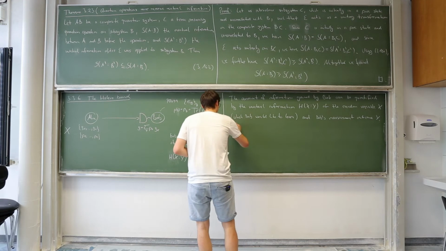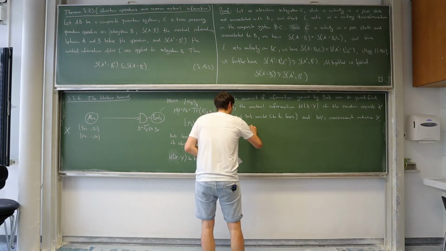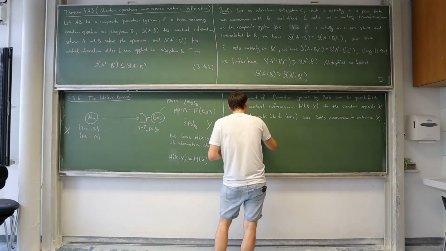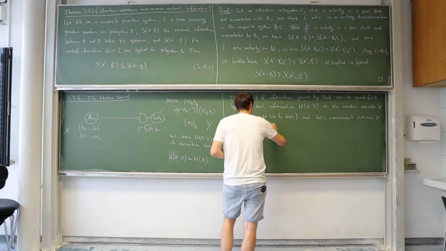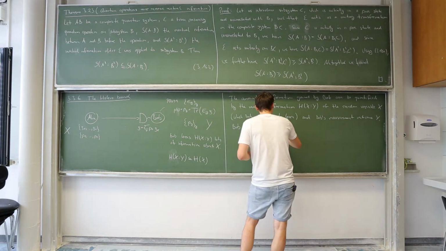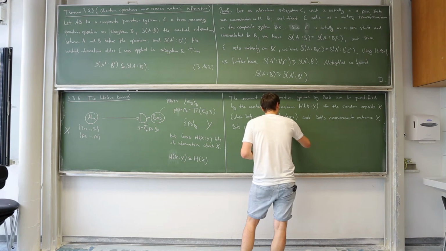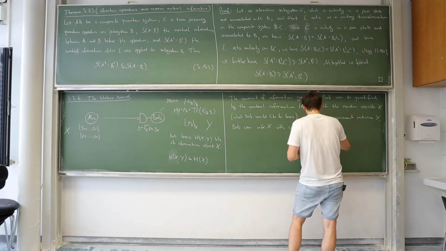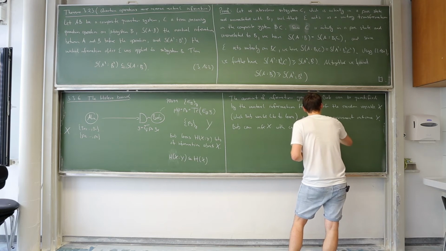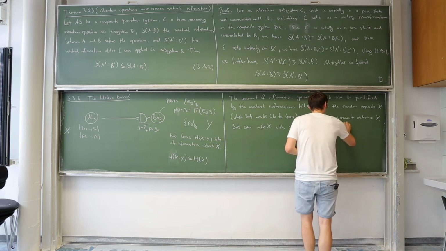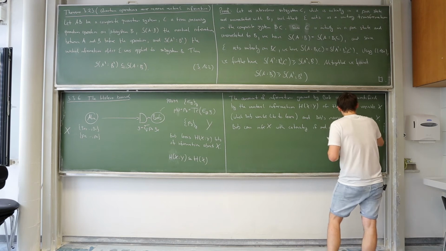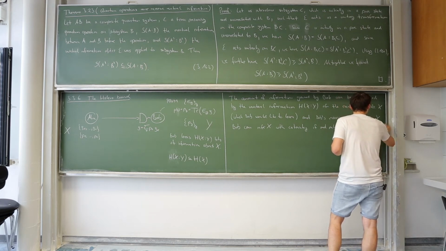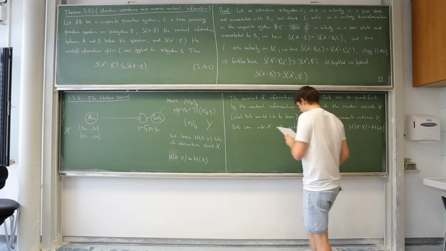So Bob can infer this random variable x with certainty if and only if this mutual information is equal to the Shannon entropy of x.